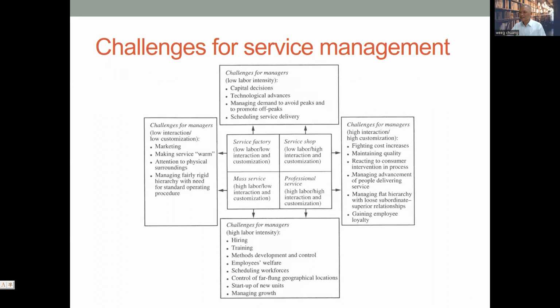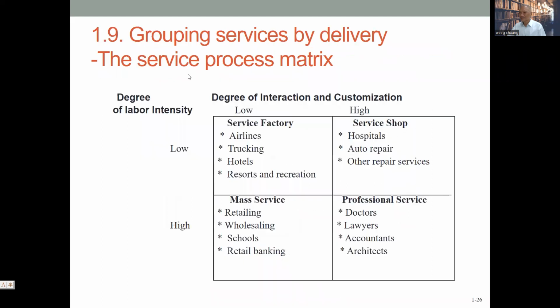Okay, these challenges for service managers are based on our grouping of services by delivery. These are the extended implications from the service process matrix.